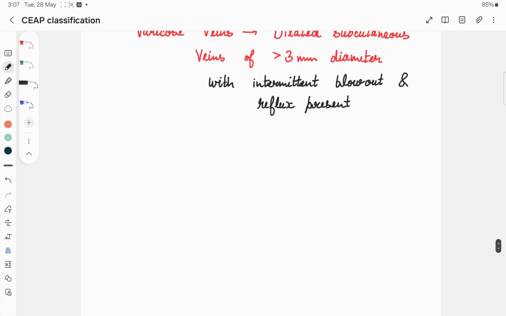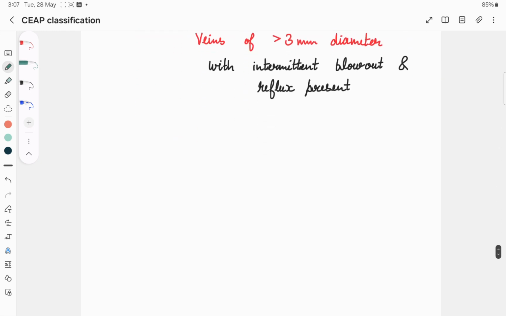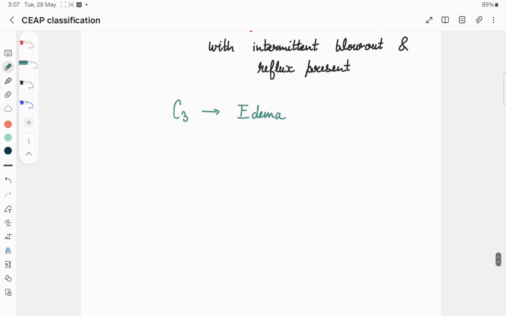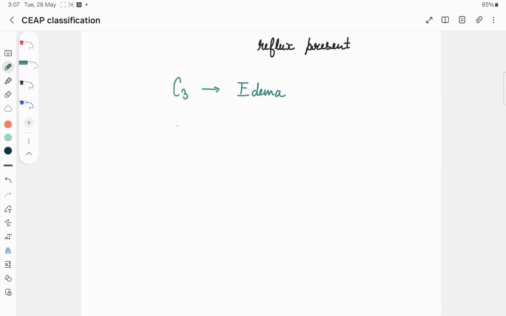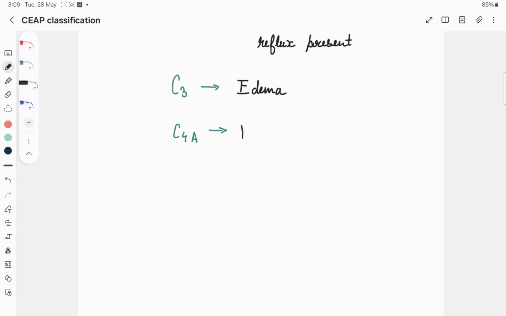C3 would be edema. So what happened? Smaller veins turned into larger veins, then edema. C3 edema.